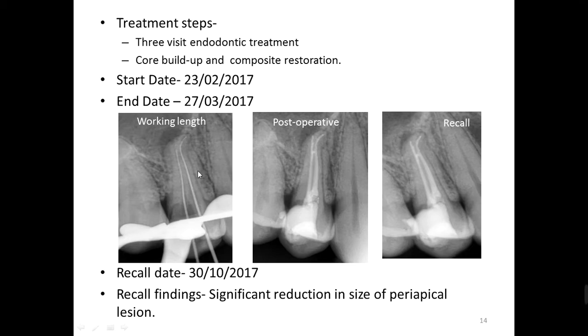Can you see the curvature? We studied premolar curvatures towards the palatal. So this is the palatal canal with the curvature, and this is the isthmus. When the obturation was done, this was an isthmus. It was a minimal preparation that was tried in the patient, and the patient was out of pain, and in follow-up radiographs healing can be seen.